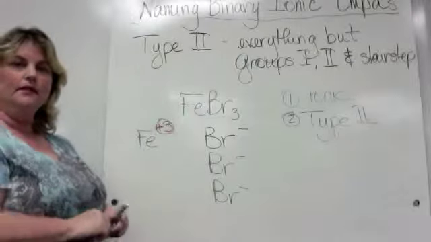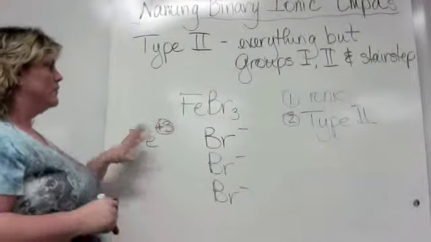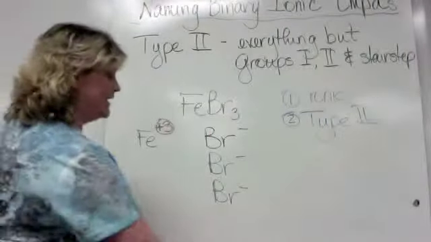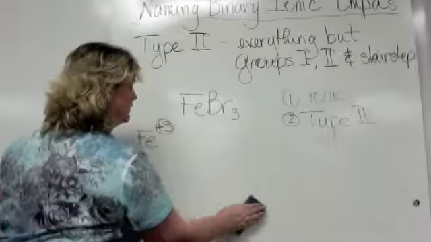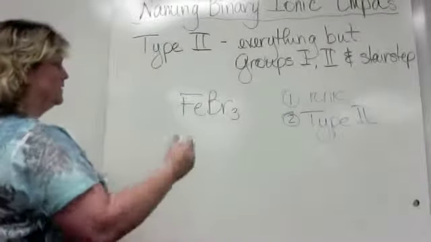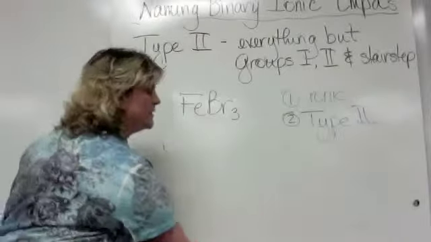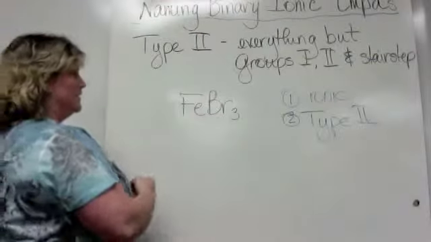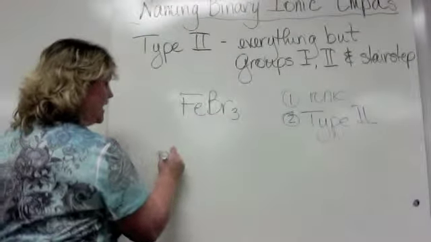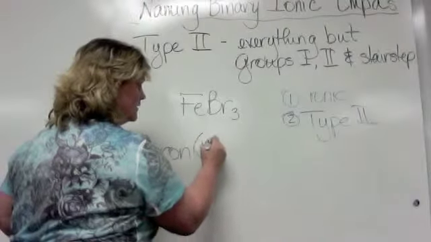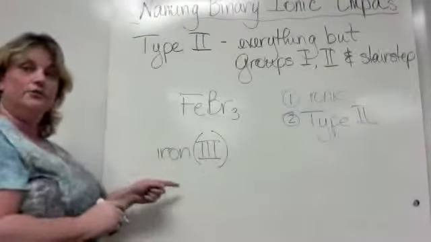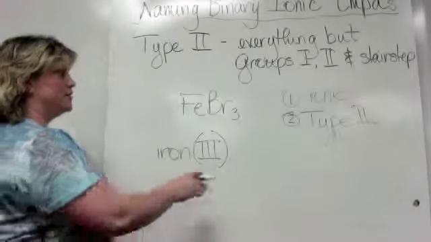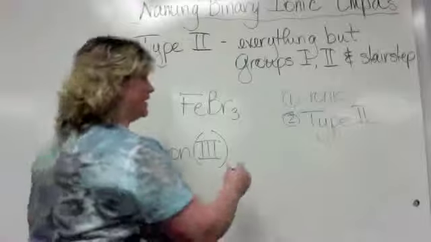So, knowing that my iron is a +3, I can go ahead and name my compound now. We're going to do this the same as we named the type 1s, just that now I have to specify iron 3 in order to tell people that this has a +3 charge, and then bromide.